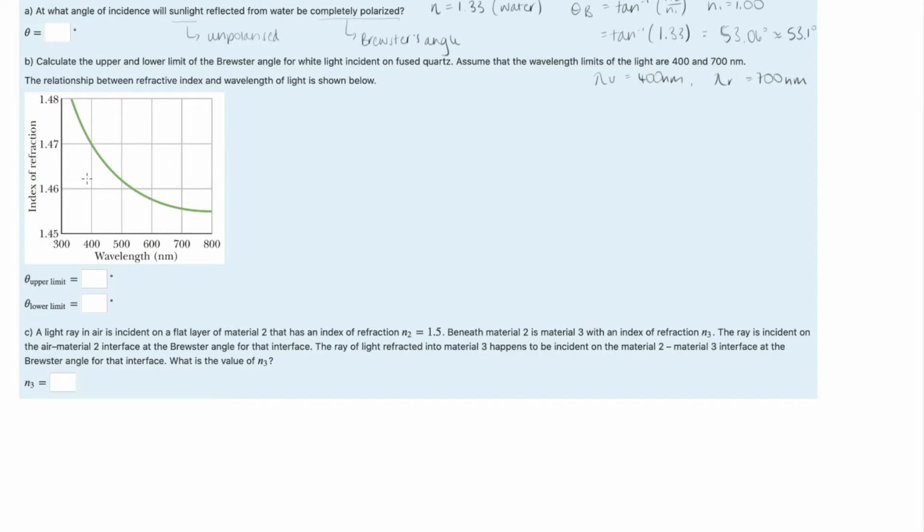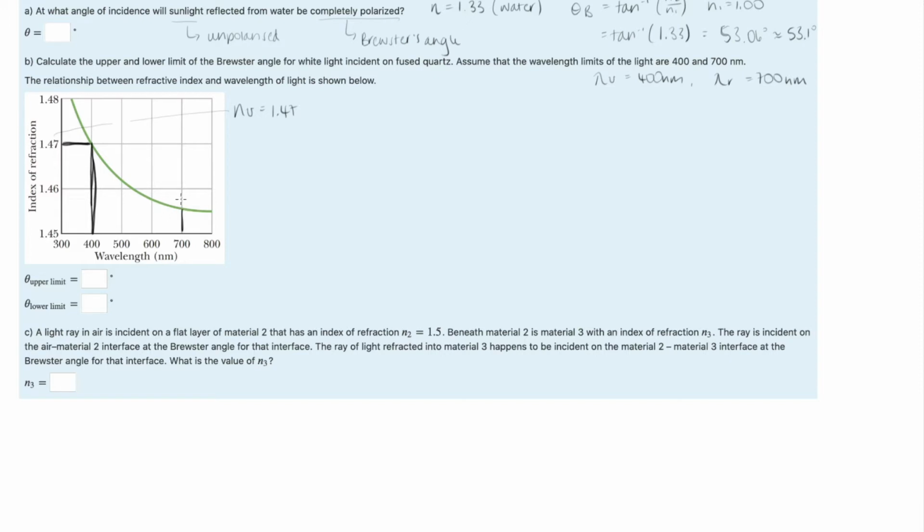Okay, so we have two wavelengths of light. We have 400 nanometers, which is going to correspond to a refractive index for violet light through fused quartz of 1.47.